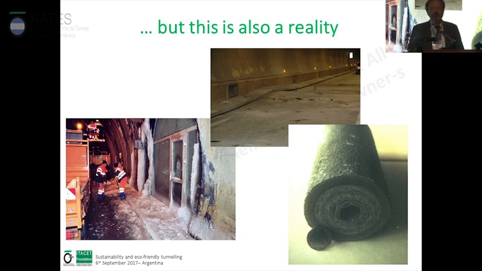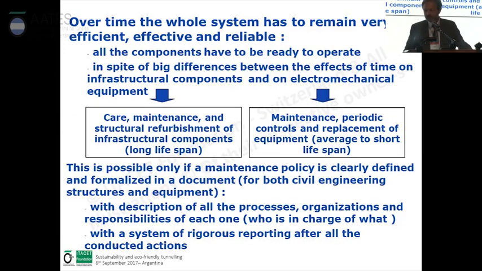So the tunnel cost millions of dollars, millions of euros, but it can be totally compromised by water because of a single drainage system that doesn't work anymore. And so we have to care about all these questions.